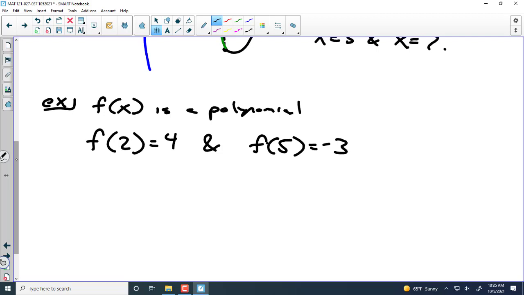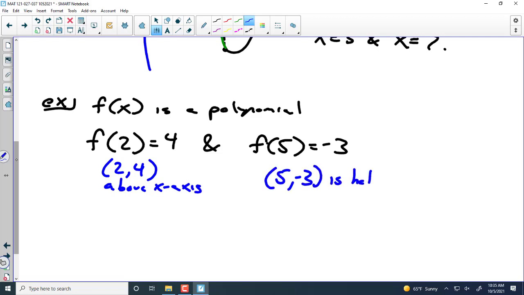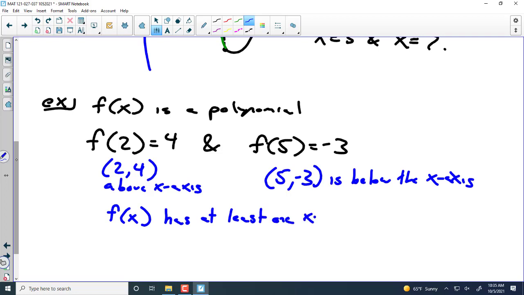And what you'll notice is (2, 4) is above the x-axis, and (5, -3) is below the x-axis. So the conclusion we make is f of x has at least one x-intercept between x equals 2 and x equals 5.